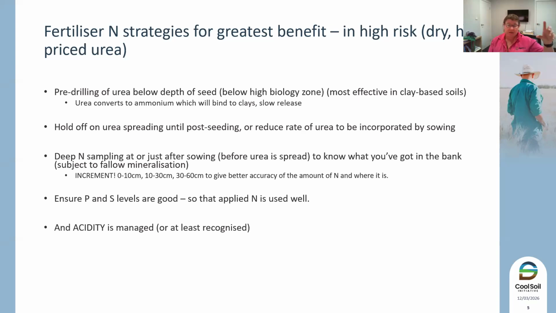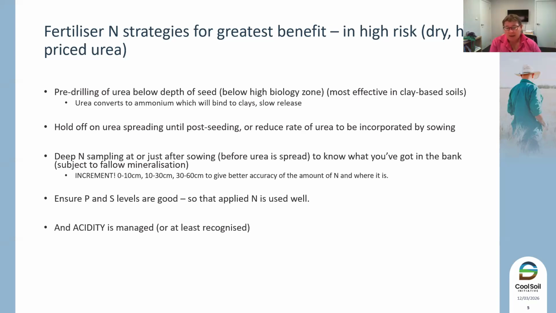If most of that nitrogen's right up on the surface because we haven't had much rain to move it, but you're doing a 0 to 60, you're going to dilute that nitrogen value out, which reduces its accuracy, as opposed to knowing that you've got most of it up on the surface and not much at depth.